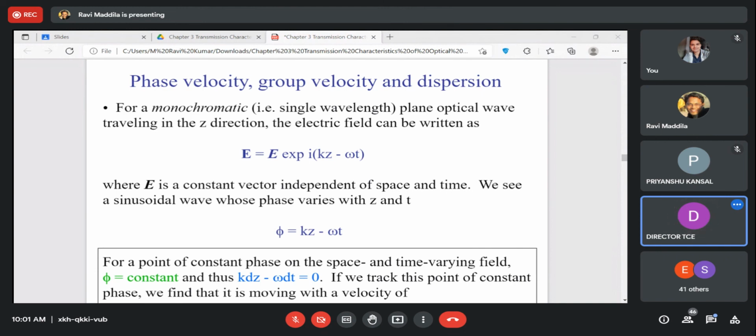Try to learn it with some applications specified. We can definitely learn about attenuation and other things, but that's good.